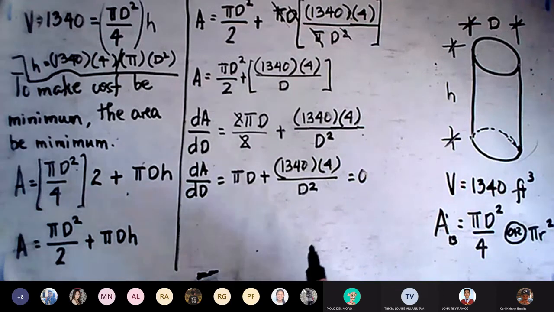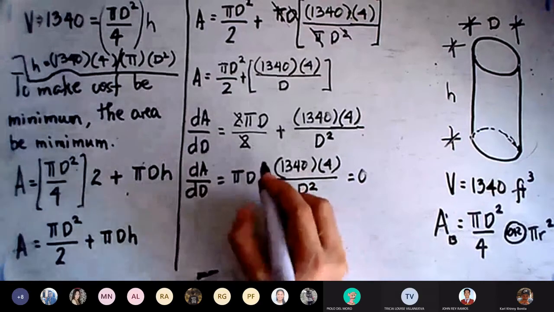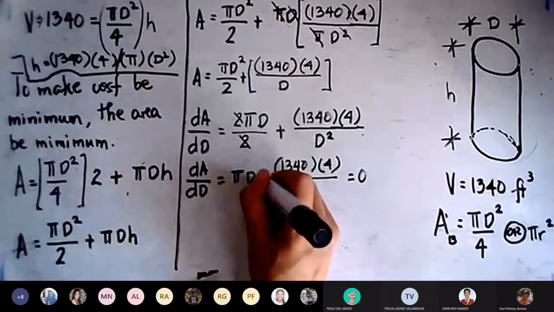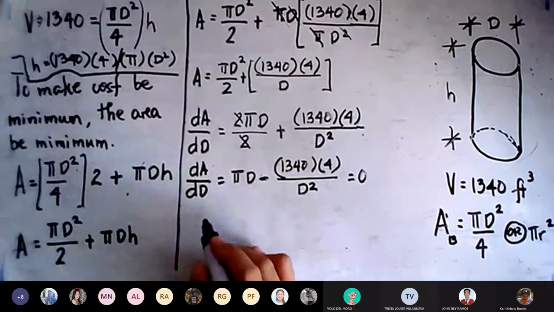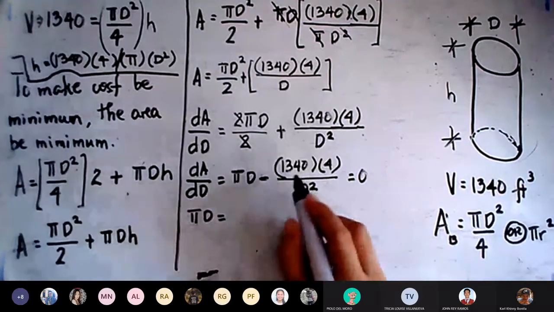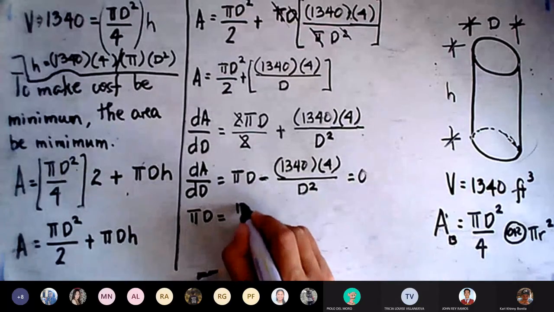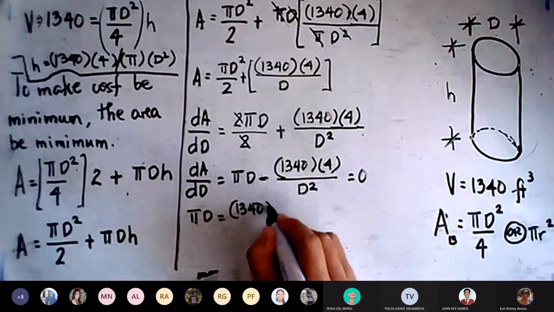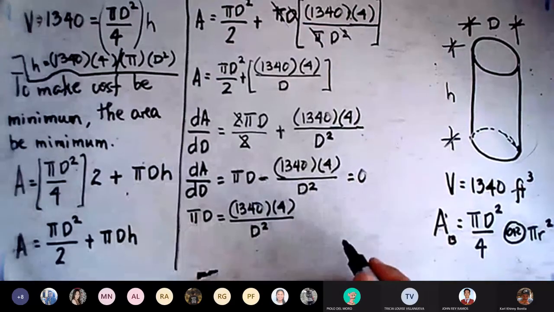So if that would be the case, by the way, this would become negative. So this would be pi times d is equals to, transposing this to the other side of the equation, 1,340 times 4 divided by d squared.